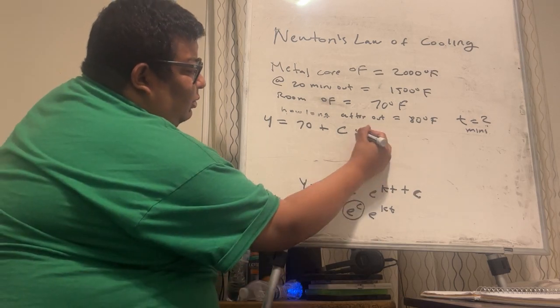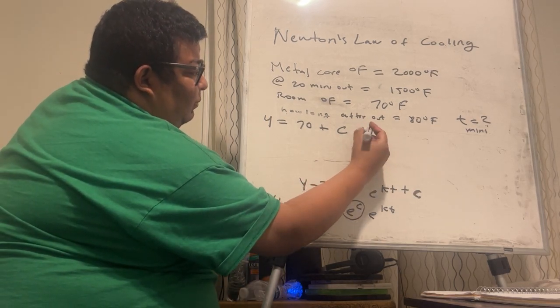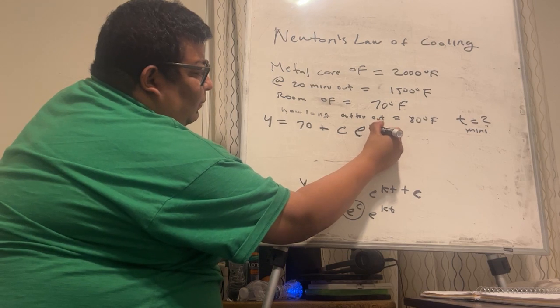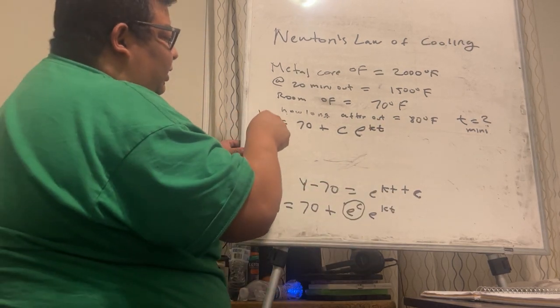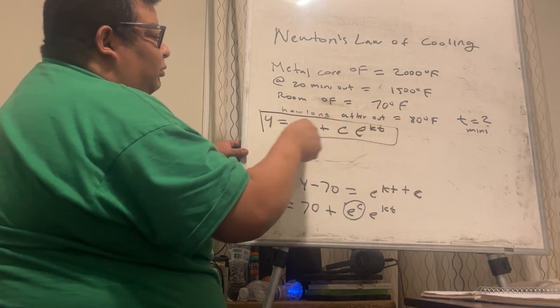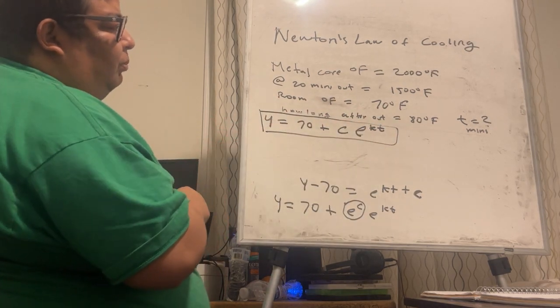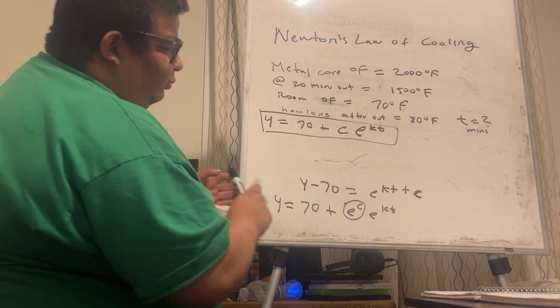So y equals 70 plus C e to the kt. This will be our general model for this example.